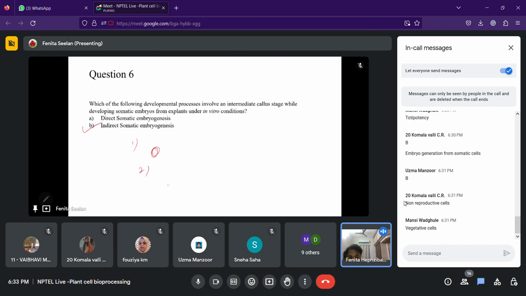There will be different shapes actually, like this heart shape embryo. There is also the torpedo stage.